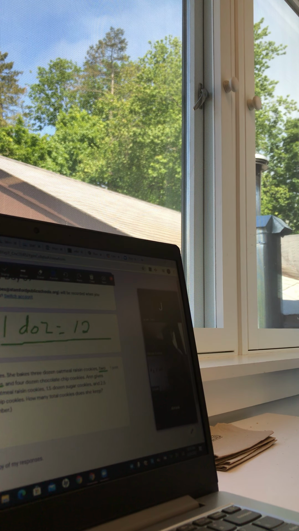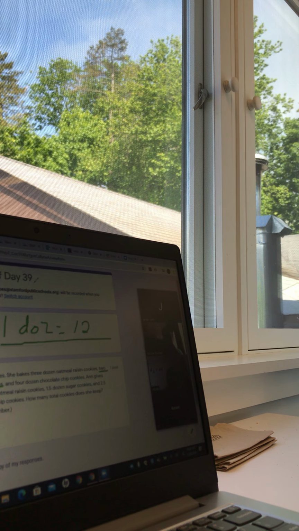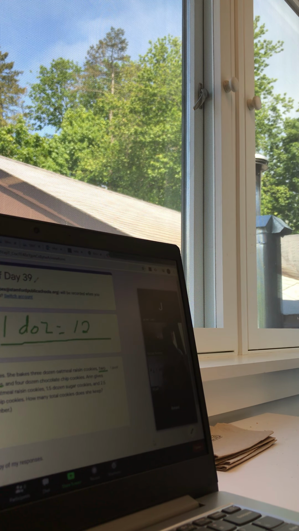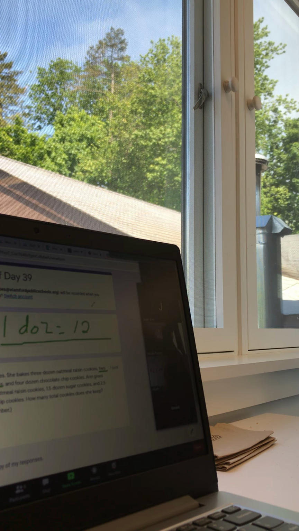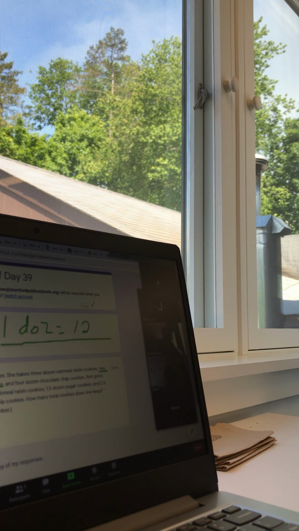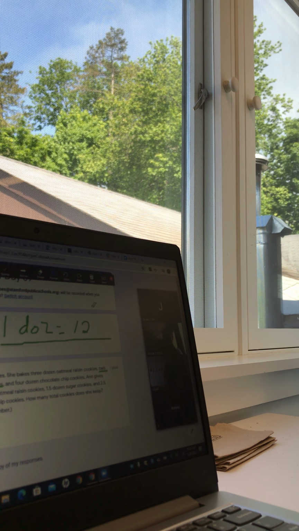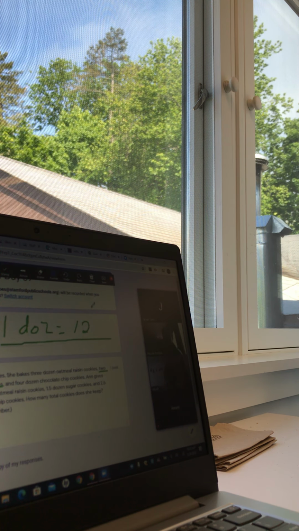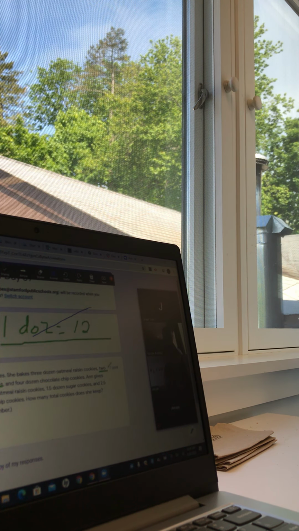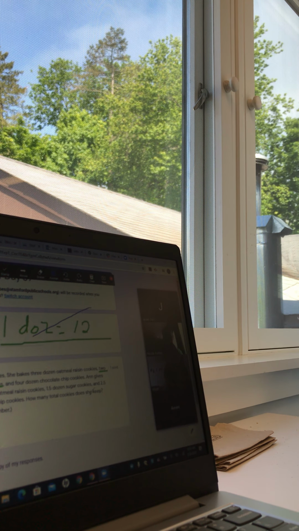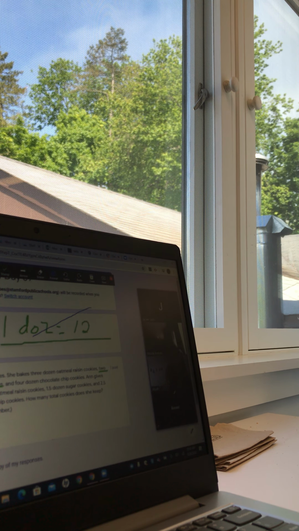We had oatmeal, which was 3 12s. 12 plus 12. We have 2 dozen. What's 12 plus 12? Not 22. 24. So we have 24 sugar cookies.